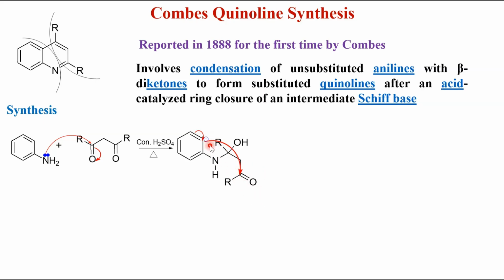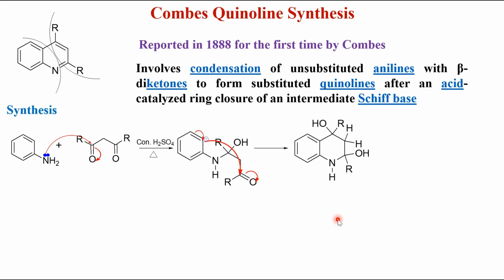These excess electrons from the carbanion attack the carbonyl carbon, and the pi electrons move onto the oxygen to maintain the valency of the carbon, and the O minus combines with H plus, which is given by concentrated sulfuric acid, and cyclization occurs.